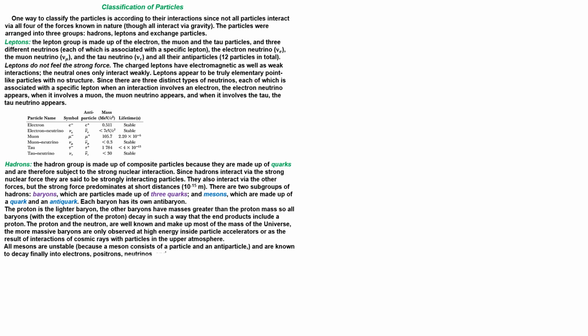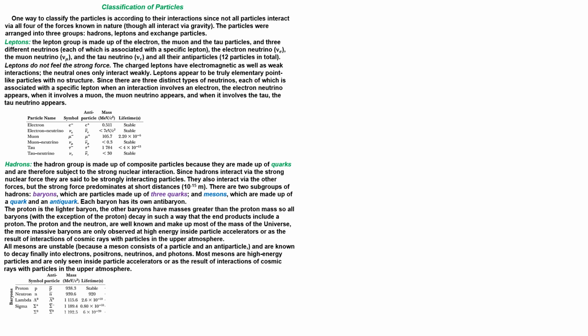Most mesons are high-energy particles and are only seen inside particle accelerators or as the result of interactions of cosmic rays with particles in the upper atmosphere. Some of the important properties of baryons and mesons are listed in the table below, but keep in mind there are many other baryons and mesons.